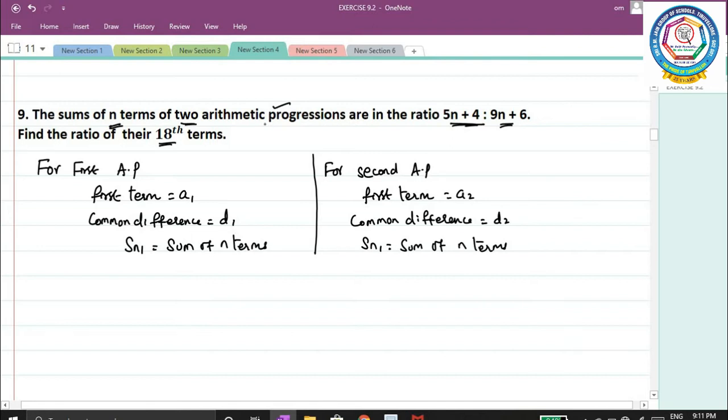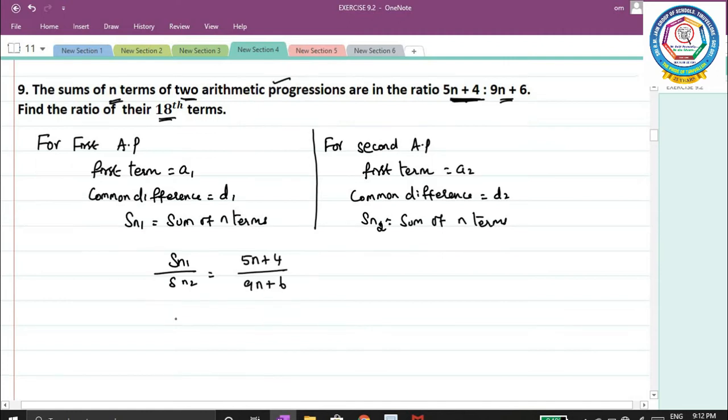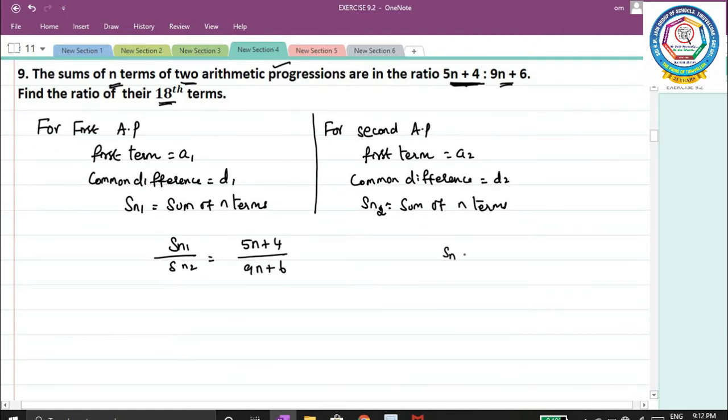The ratio of the sums of the two arithmetic progressions is given, that is Sn1 by Sn2 (sorry, this is Sn2) equal to 5n plus 4 by 9n plus 6. So we know the Sn formula: Sn is equal to n by 2 into 2a plus n minus 1 into d.